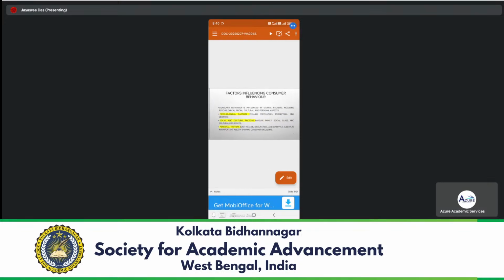Okay. Now, the third slide was factors which influence consumer behavior. There are several factors that influence consumer behavior. It includes psychological factors like motivation, perception, learning, social and cultural factors like family, social class, culture, and additionally personal factors like age, occupation, lifestyle, even your financial status can also shape your consumer's choice.